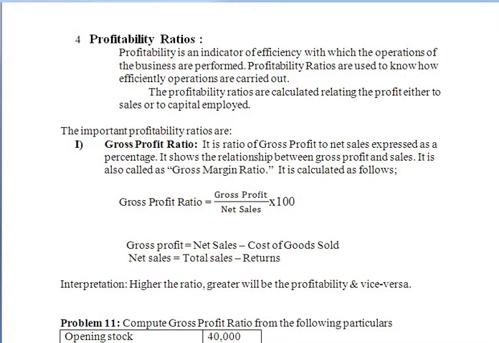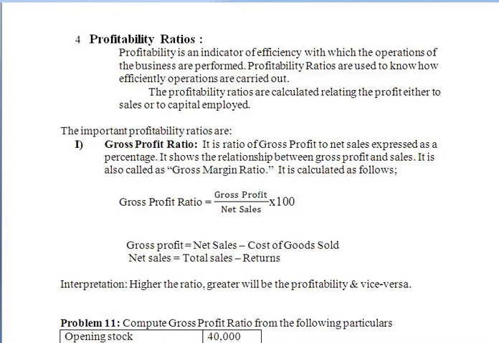This ratio shows the relationship between gross profit and sales, and it is also called the gross margin ratio. The formula to calculate gross profit ratio is gross profit divided by net sales into 100. How can we find out gross profit? Gross profit is equal to net sales minus cost of goods sold. So this is the first ratio, that is, the gross profit ratio.